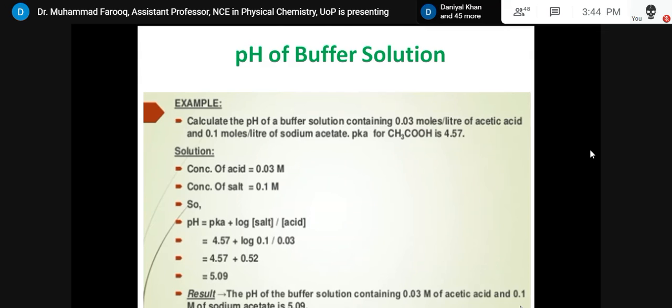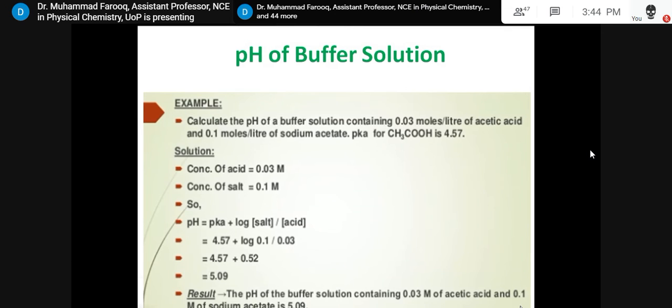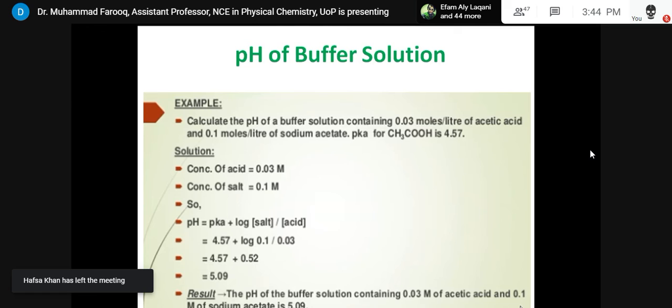Sir, I didn't understand. For example, this is 0. Let's say 0 is equal to log of salt divided by acid. Okay. Now, for example, pH is known, pKa value is known. So what do you want to determine? Salt concentration is known, acid concentration is known.